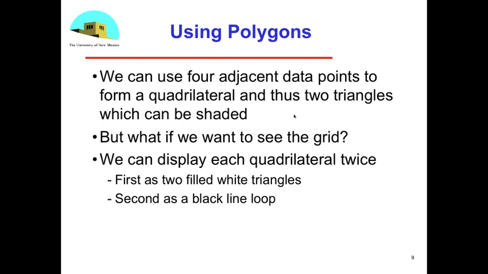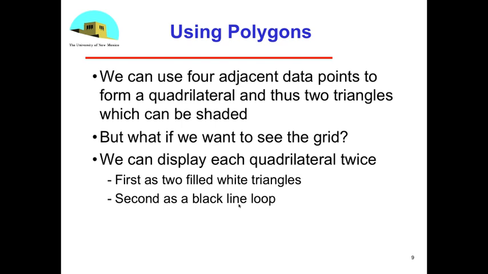Well, now I don't want to go back to what I just had, so let me argue this. What if, for each little quadrilateral I formed here, 4 adjacent points, I display it twice. First, I'm going to fill it as 2 white triangles. So behind it, there's going to be a white triangle. Then I do a black line loop using the same 4 points on top of it.